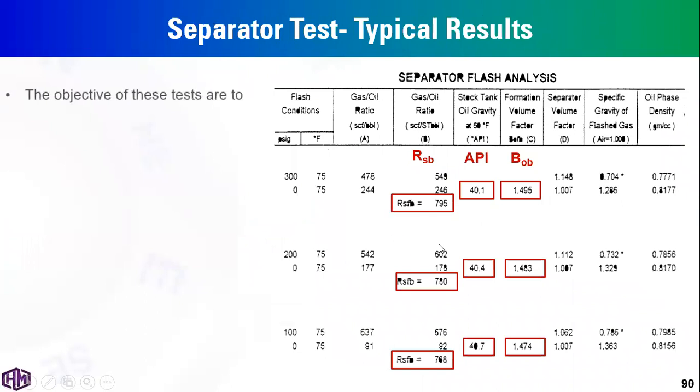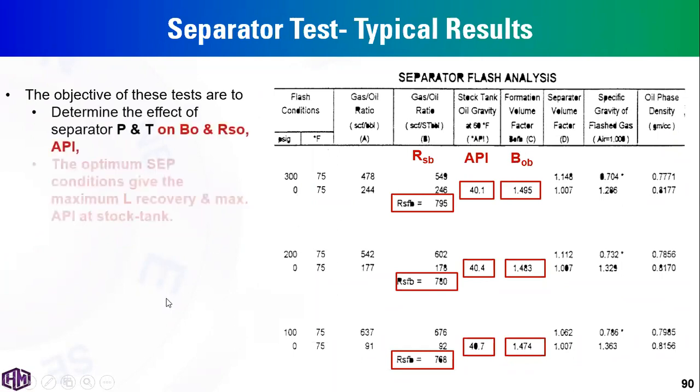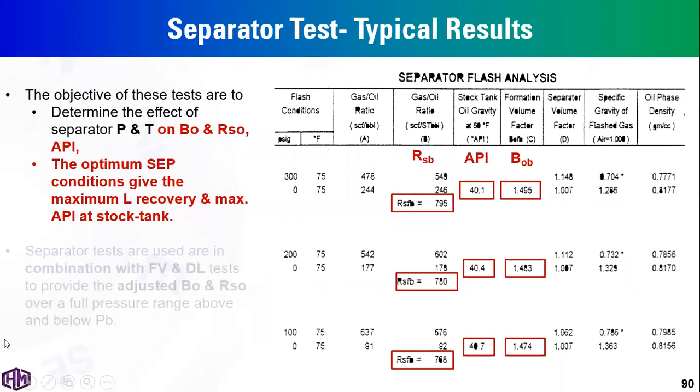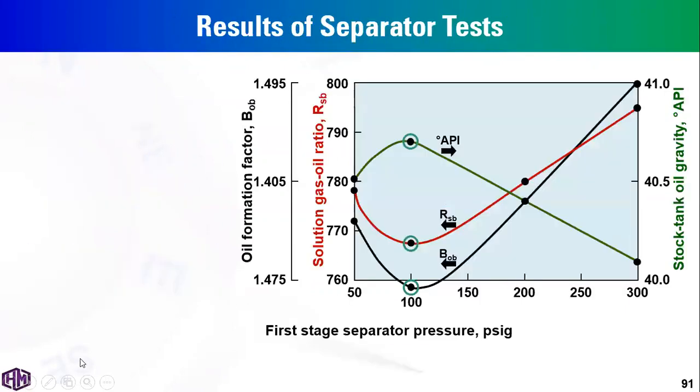So this is the standard result of a separator test. We need to identify the solution gas oil ratio, API, and oil formation volume factor. So the objective is to optimize the separator condition by maximizing the API and maximizing the liquid recovery of the separator. This is the assembly of separator results.